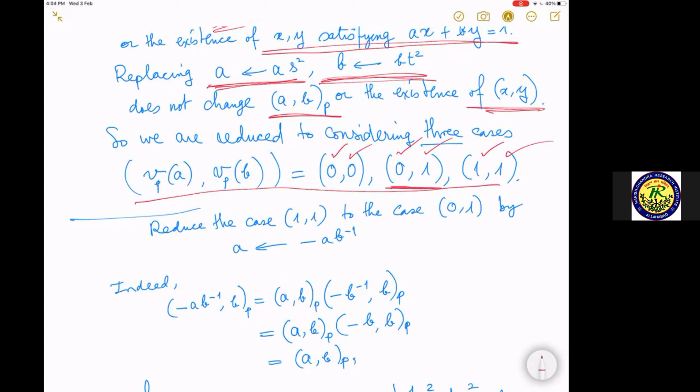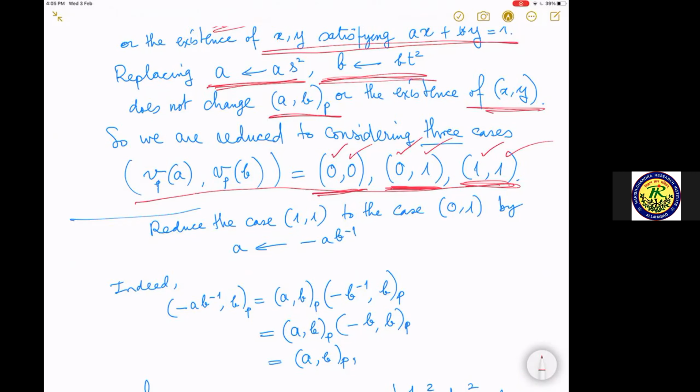So we just need to look at these 3 cases: when a and b are both units, or both uniformizers, or one of them is a unit and the other is a uniformizer. Remember, a uniformizer is an element of valuation 1.